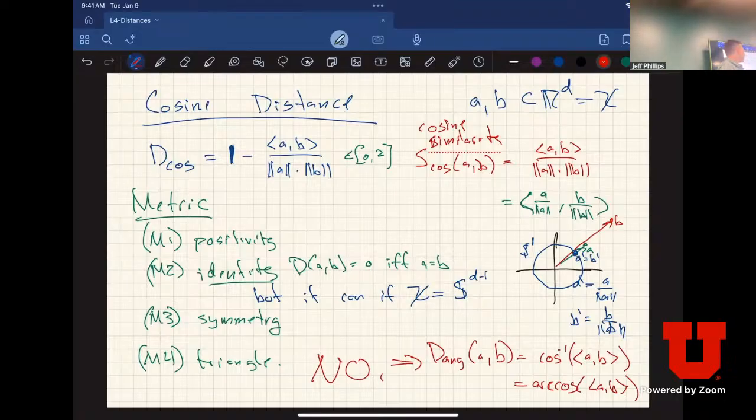If I do the angular distance and I assume the domain is actually normalized data, then this becomes a metric. And I'll explain why on the next slide, why this satisfies the triangle inequality.